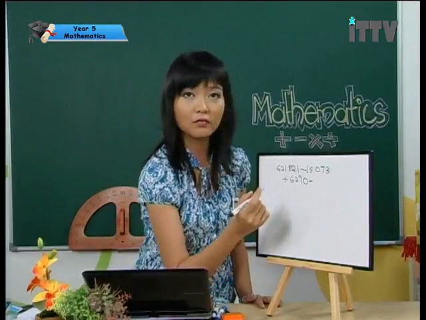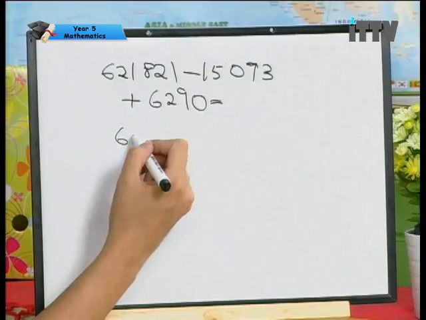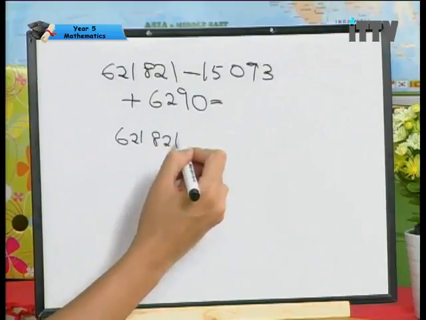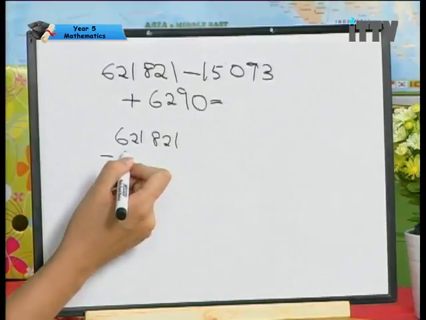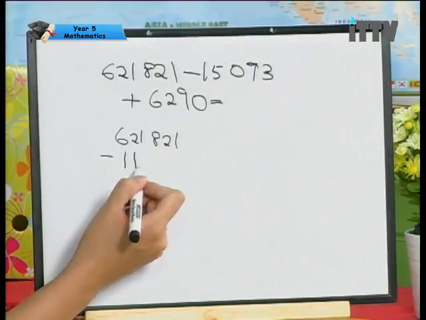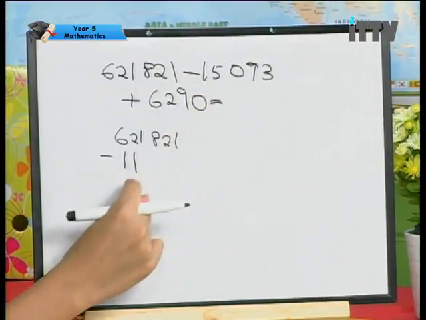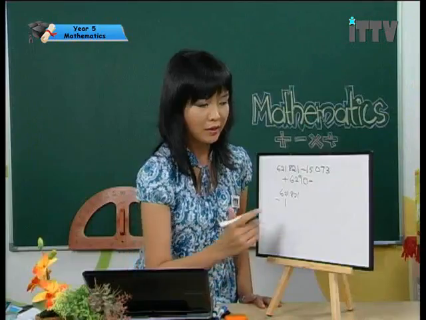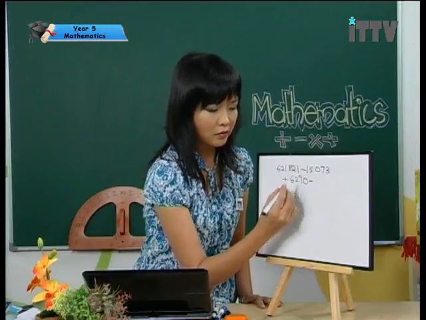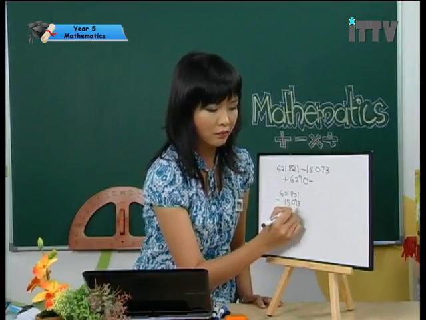Now, let's do it in vertical form. 621821 minus 15,000. Okay, do we write the one here or do we write the one here? 10,000s, yeah? So it's here. Be careful to write them at the correct place. 15,093.